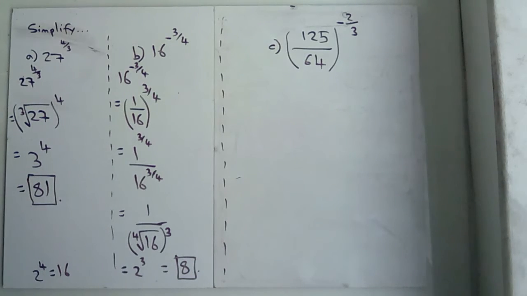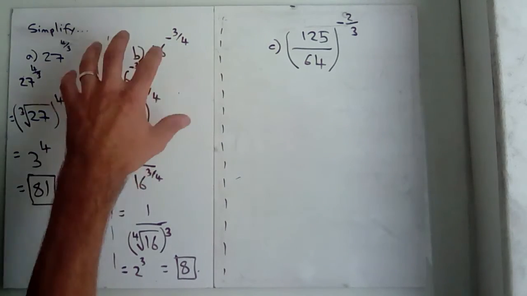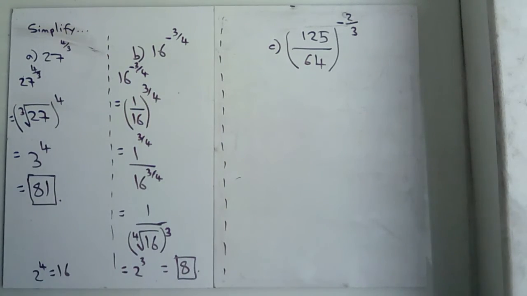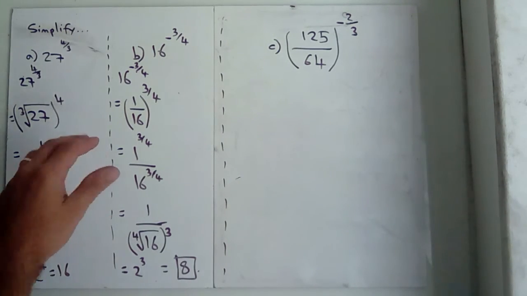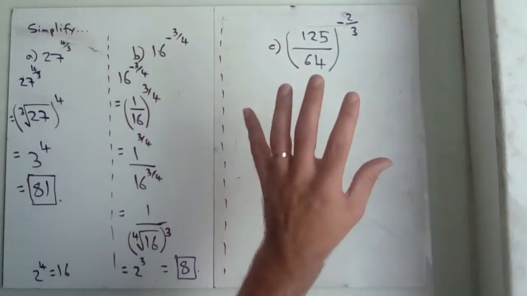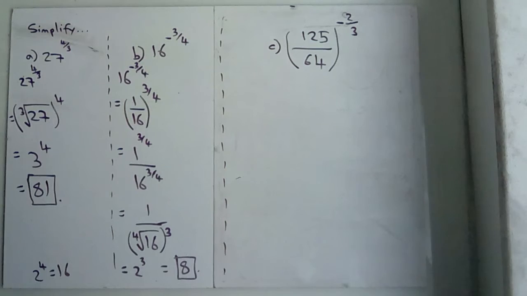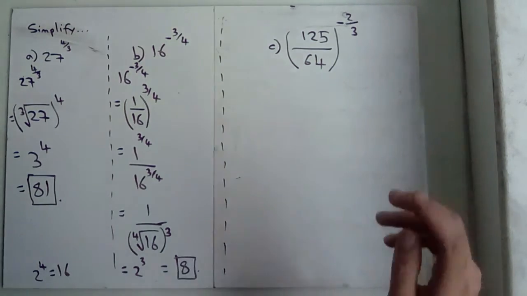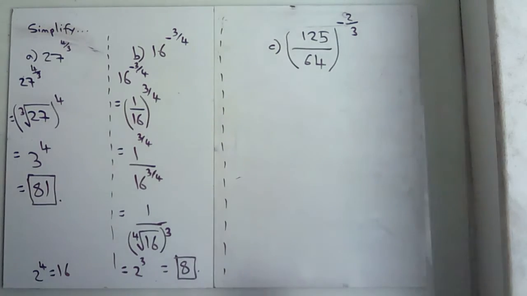Okay, so part C, this is really where taking this kind of long approach is really useful. If you try to use a simple approach, as in we just do 1 over this number to the positive power, yes, it will work here, but it won't work with this. So if we use the approach, we've got 125 over 64 to the power minus 2/3.